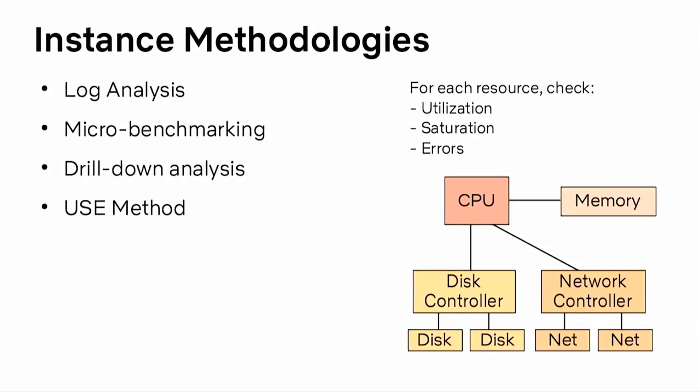Going down to the instances, log analysis, micro benchmarking, drill down analysis. A methodology I came up with a while ago is the USE method. And that's where you draw a functional diagram of the system. CPUs, memory, disk controllers, network controllers, disks, all of the components where data flows, including the buses. And then for each of those components, you only want 3 metrics: utilization, saturation, and errors.